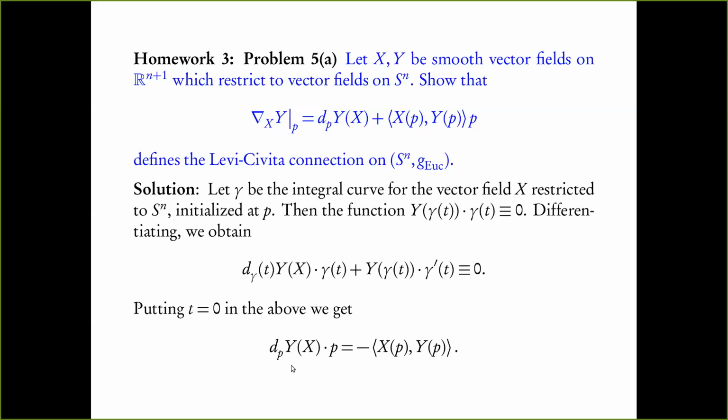This is actually telling you more. This is telling you take the usual covariant derivative, dot product with p. But dot product with p simply means that you're removing the normal component, right? So dy acting on x will have two components, the normal component at p and the tangential component at p. But the normal component at p is some multiple of p, and it's saying it's this multiple.